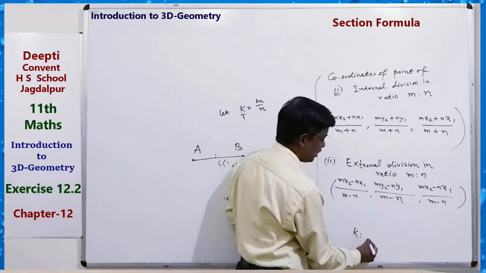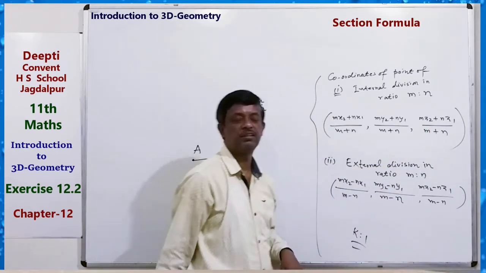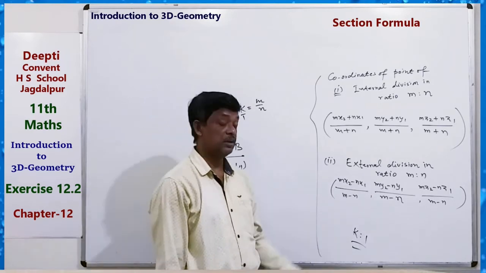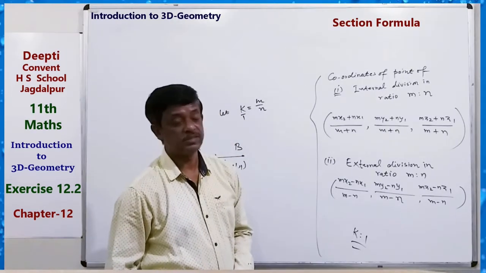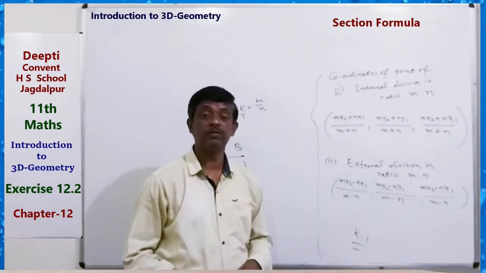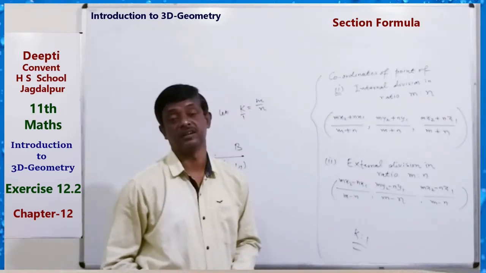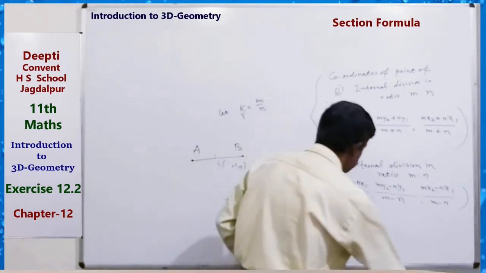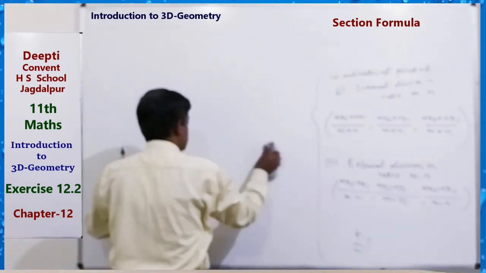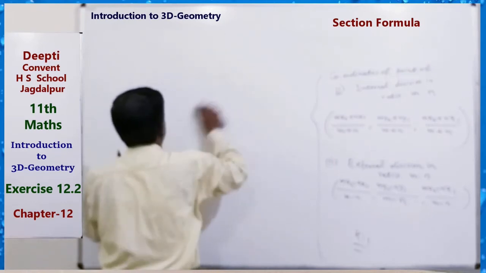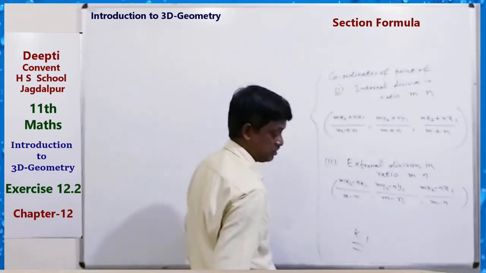Just for finding the ratio, we take the k ratio and find the value of k. If we get a positive value, then it is internal division. If we get a negative value of k, then it is external division, and the ratio is given by the value of k. So this is the section formula for finding ratios.